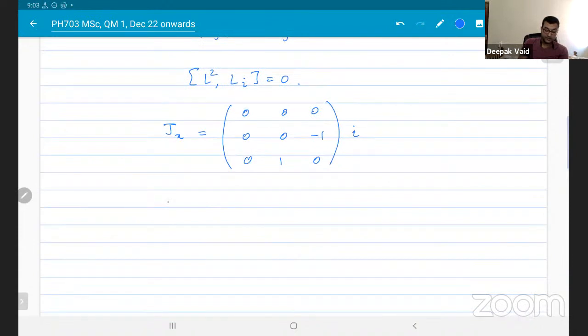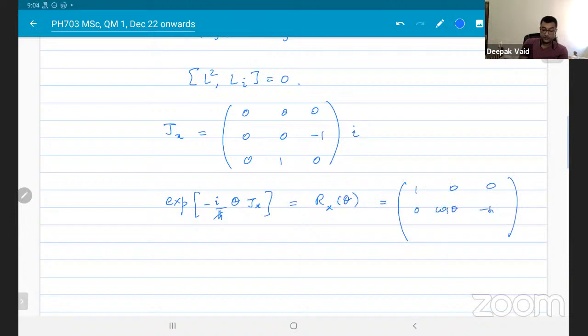If I took exponent of minus i by h bar Jx theta, what would this give me? This would give me Rx theta. Rx theta is the matrix 1, 0, 0, 0, cosine theta, minus sine theta, 0, sine theta and cosine theta.